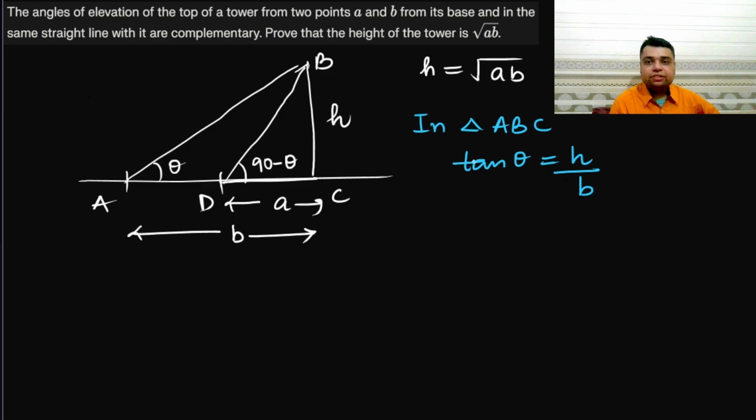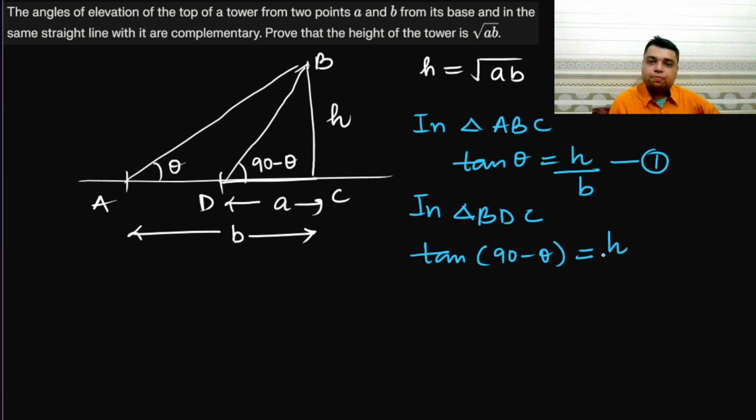So tan theta we have, this is the first equation. Now in triangle BDC, we have tan of 90 minus theta as H upon A. Okay, now in both the equations we have tangent and H also.